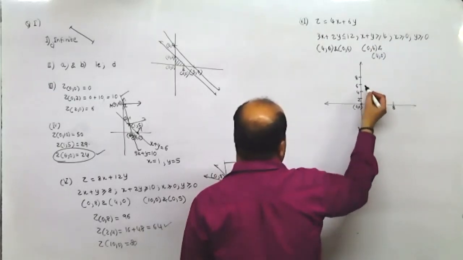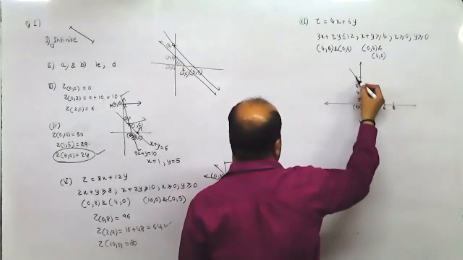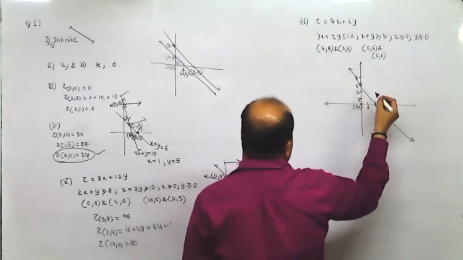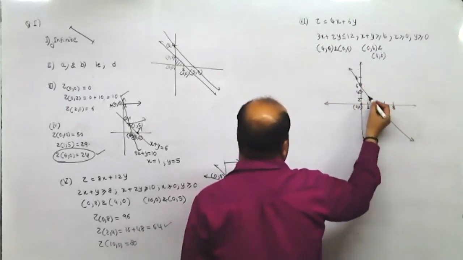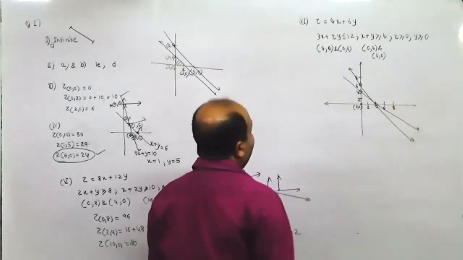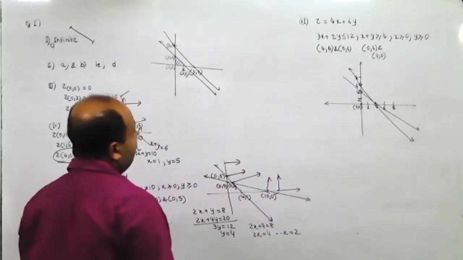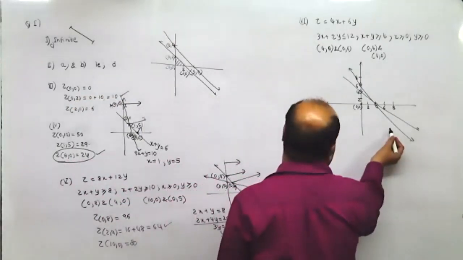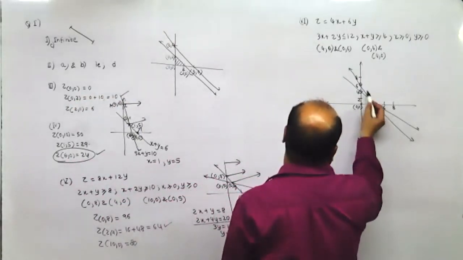4, 0 and 0, 6. 0, 4 and 4, 0. Then this one is 4, 0 and 0, 6.